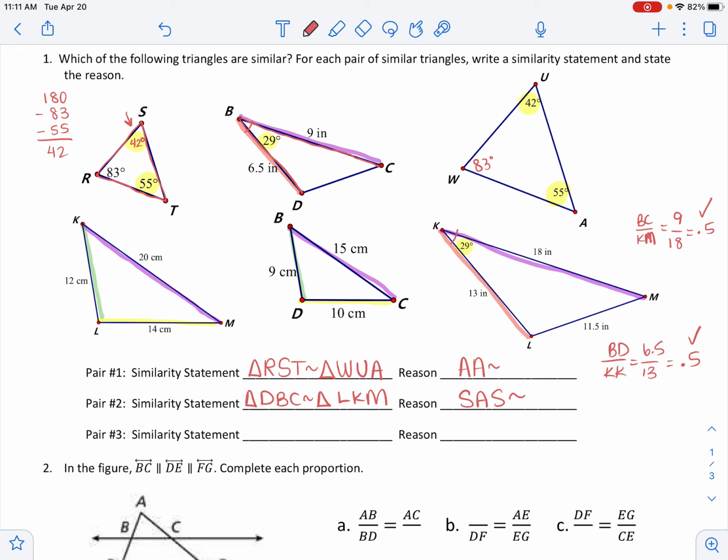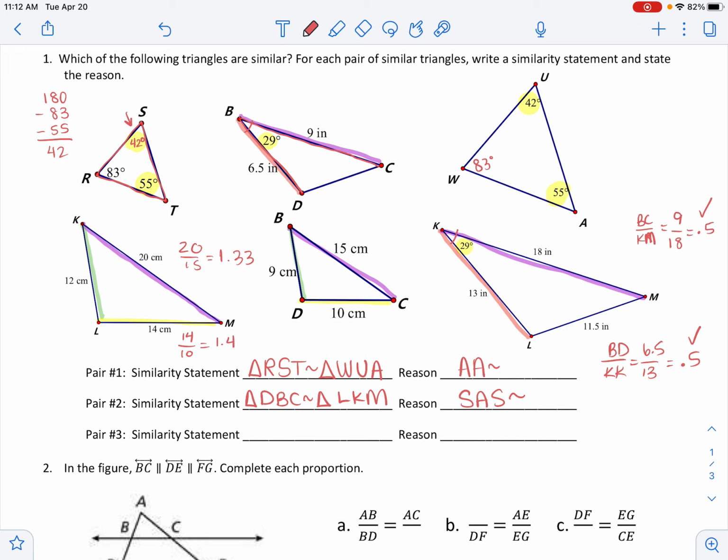So I'm going to start with the purple side. So 20 over 15. I always just go left to right. You don't have to, but it's good because then I have a habit that I can just do every time. So I get 1.33. Next, I'll do the yellow side. So 14 over 10. So 14 divided by 10 is 1.4.